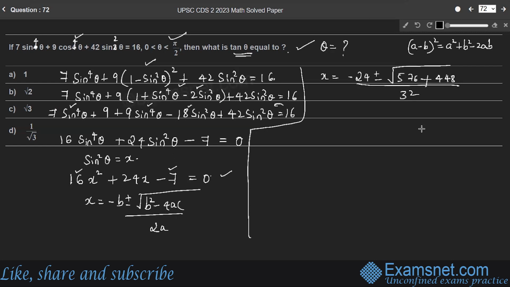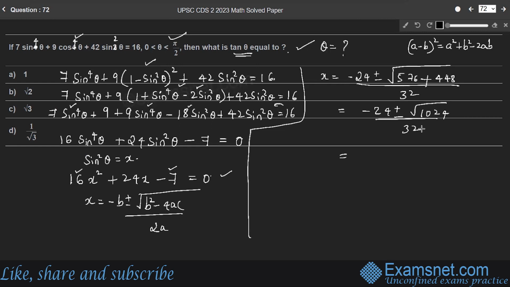Which is 32. Therefore, value of x is minus b, yes, 448 plus 576, 1024, so minus 24 plus or minus root of 1024, by 32. Right?